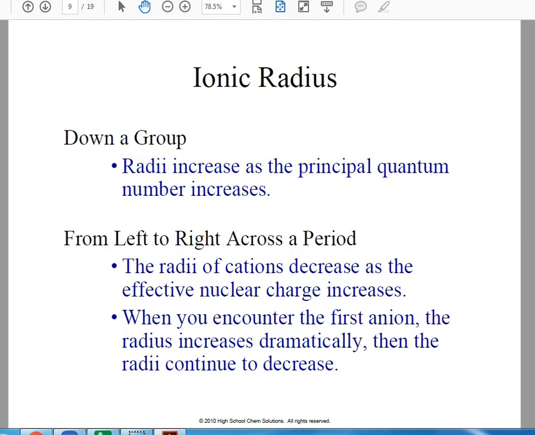All right, so here is the explanation for that, and it is similar to the explanation for just radius in general, but as you move down a group, if you're looking at ions, the radius will generally increase as the number of shells increase. So going down a row, our radius is going to increase simply because we're adding more shells, even if we're talking about ions.